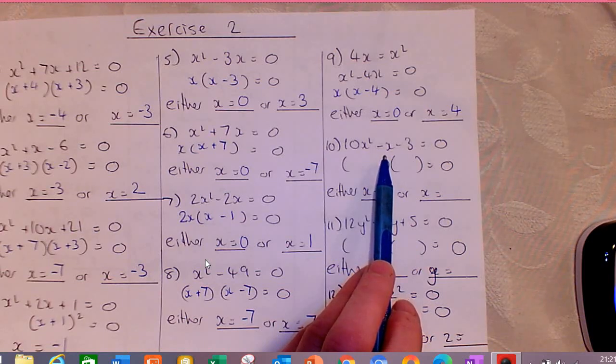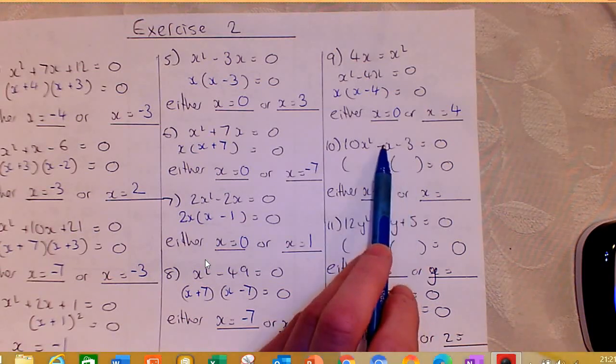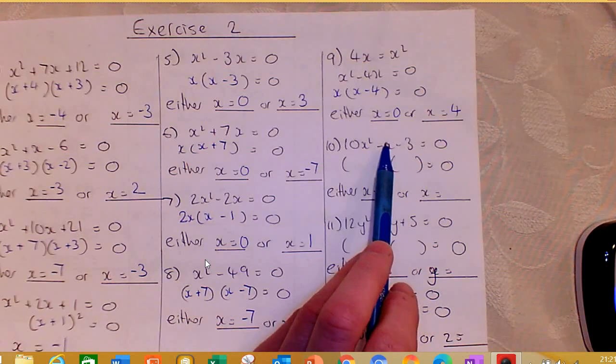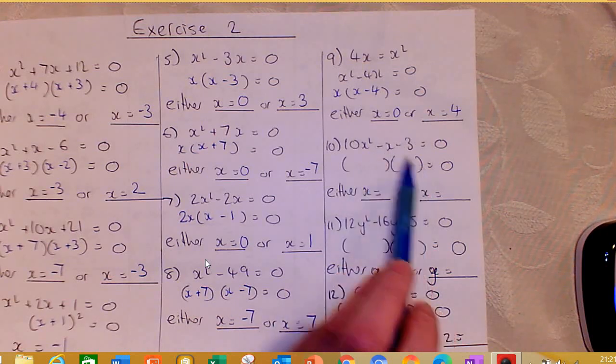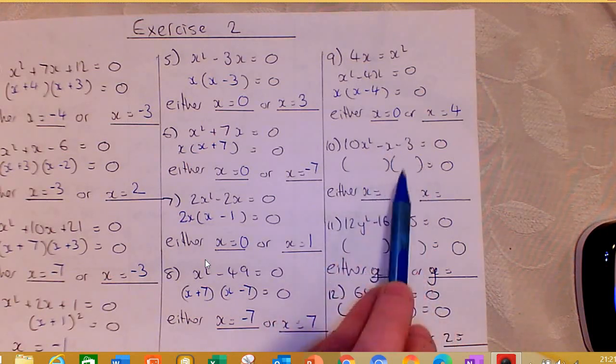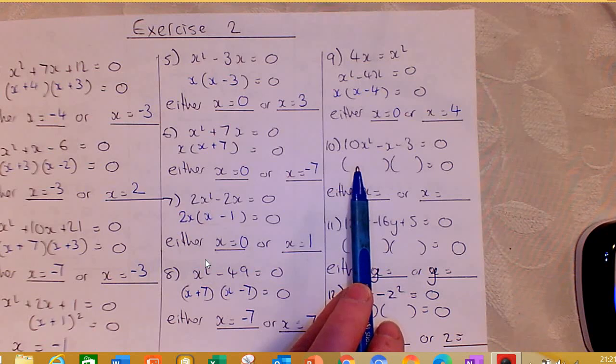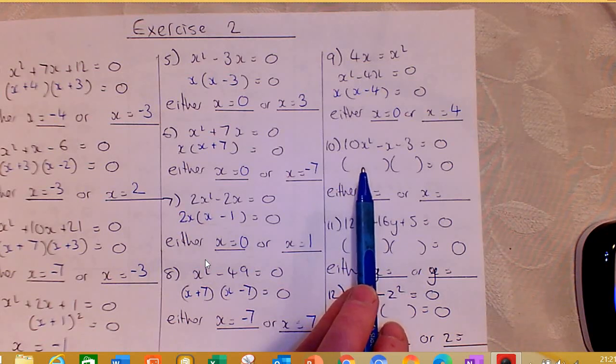But remember, that's not what goes in the brackets. That's just how you split up this minus x. I'm not showing you all my working because you did it back in October, November. But you'd have minus 6x and 5x. And then you have that imaginary line and you factorise the left-hand side, factorise the right-hand side. So I think I split it up into 10x squared, take 6x, add 5x, take 3.